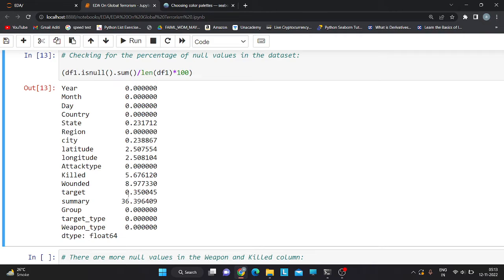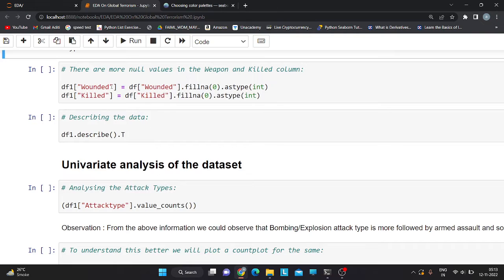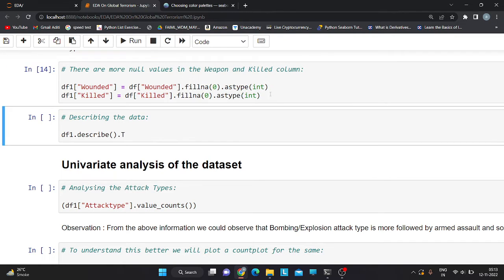As I could see, killed and wounded have null values and we need to treat those null values accordingly. So for wounded, instead of null values we are going to fill null values with 0. Also for killed, we are going to fill the null values with 0. So let me execute this.